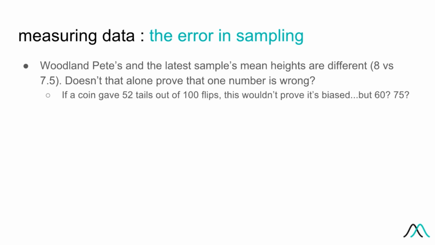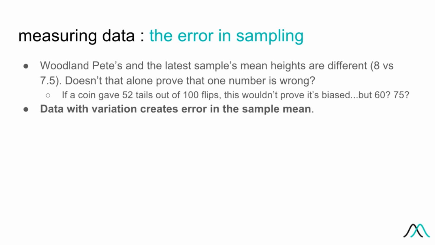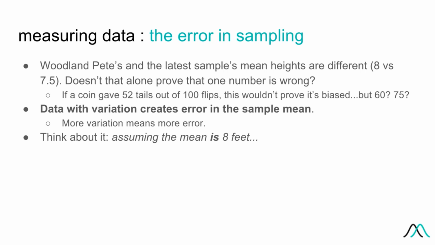But as soon as a population varies, as soon as there's more than one possible height for a Sasquatch to have, the sample mean might not match up exactly to the population's true mean. Error is introduced. Again, data with variation creates error in the sample mean, and more variation means more error. Let's think about this. Let's assume the mean height of Sasquatches is 8 feet.